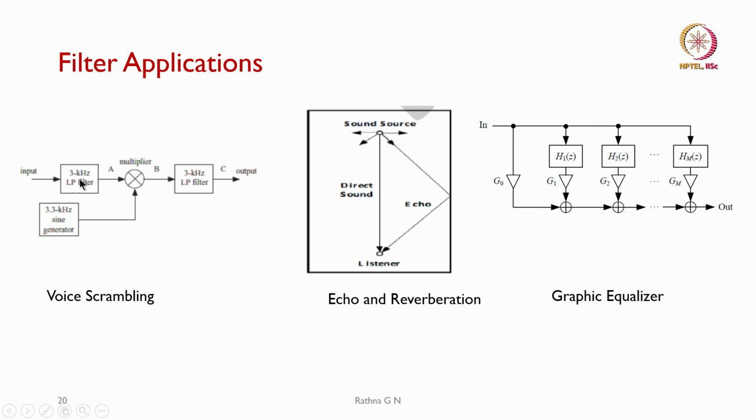I will be multiplying these two signals and using the low pass filter with 3 kilohertz. This can be replaced with your input speech or audio. You have to take care of your filter design here, and then the output is going to be a scrambled one.